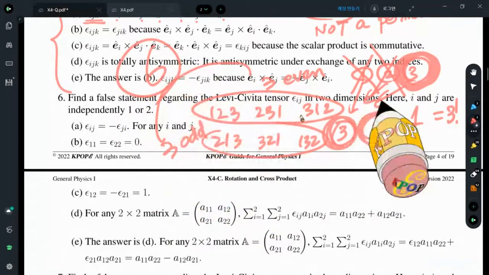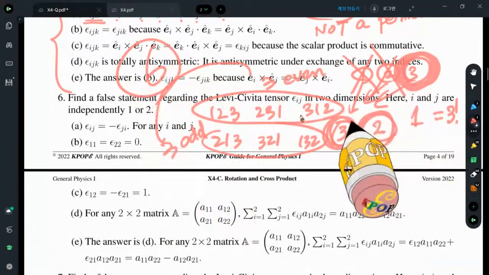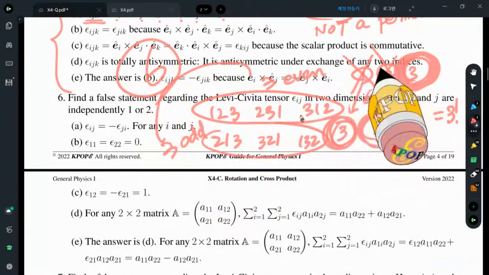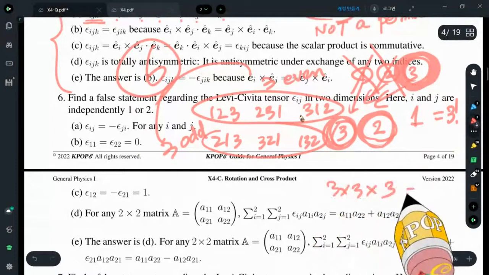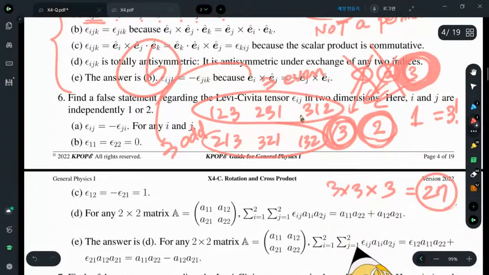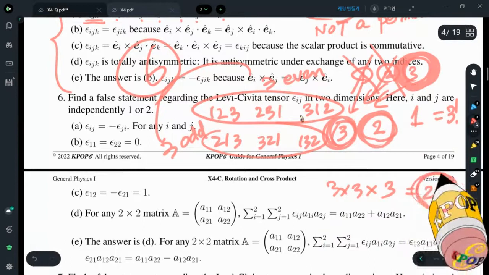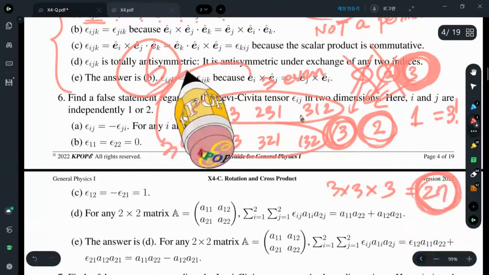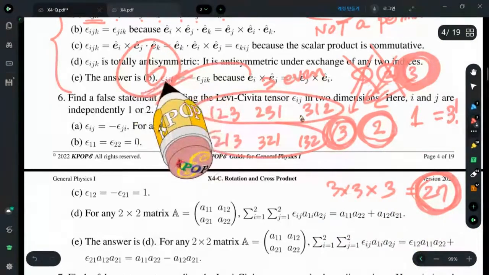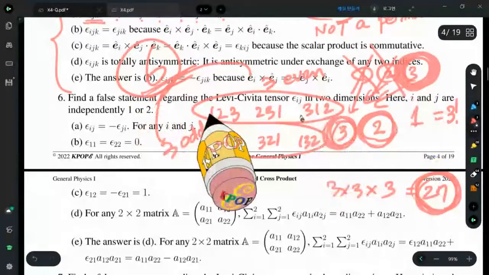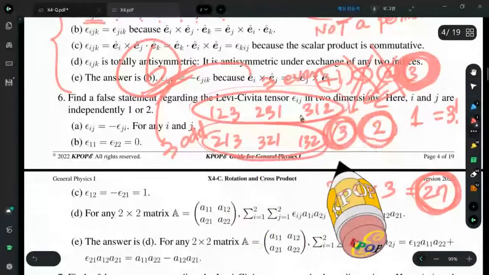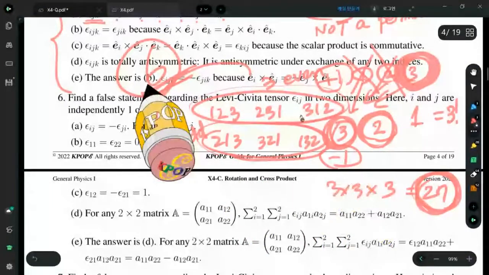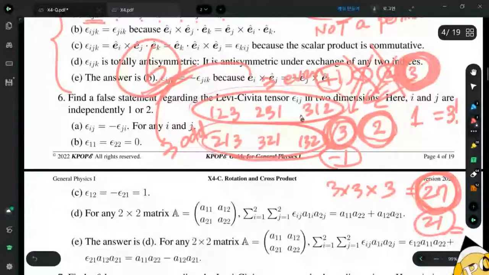However, if I make an expansion, what I find is 3 times 3 times 3, 27 cases, but among the 27 terms, only 6 terms contribute, and among the 6, 3 terms become positive, that is +1, and the 3 terms are -1, and 21 terms are exactly 0. Okay.